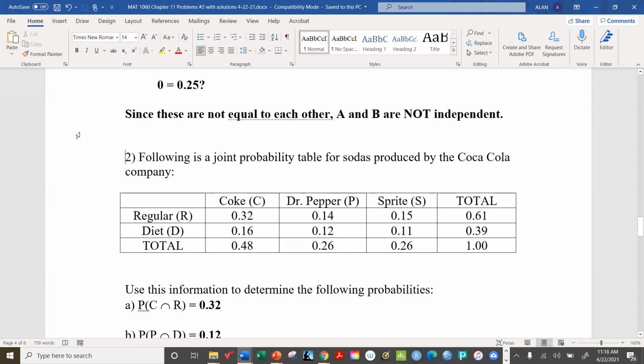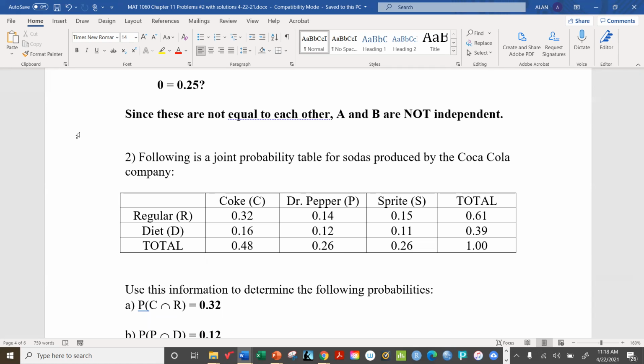We've got flavors of soda and regular or diet. Coke, Dr. Pepper, and Sprite, all of them organized according to whether they're regular or diet. So the probabilities that we'll be calculating are the same as we did on the previous problem set, but of course the numbers are different.